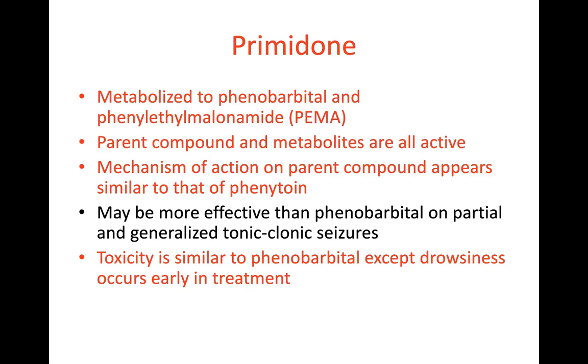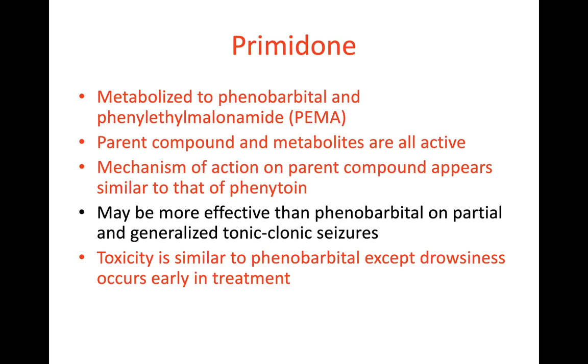All right, let's talk about one other drug, and then we're going to take our break this afternoon. So primidone. Primidone is sort of a prodrug in a way. It actually gets broken down to phenobarbital. I say it's a prodrug in a way because it gets broken down to not just one drug, but to a couple of substances. So primidone gets broken down to phenobarbital, so you're getting the effects of phenobarb.